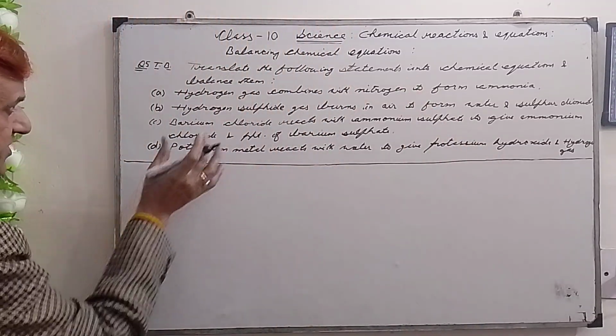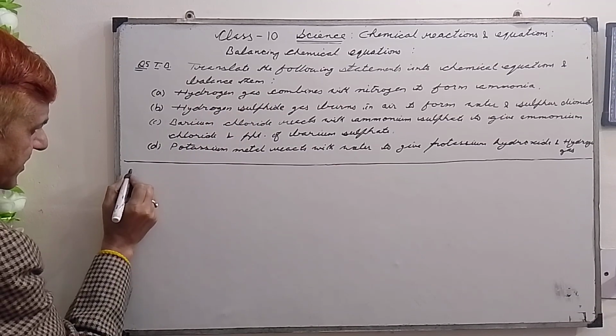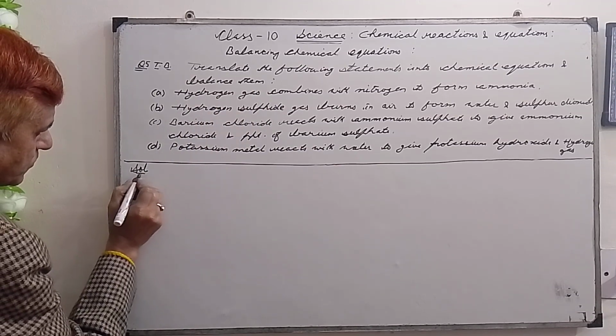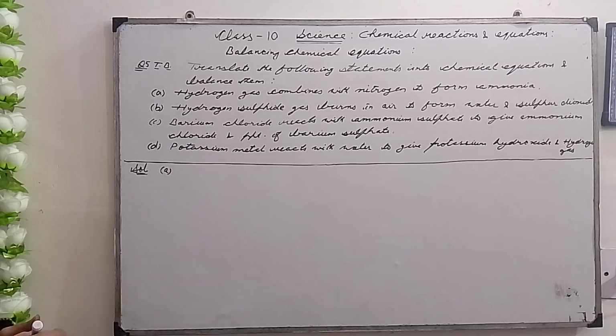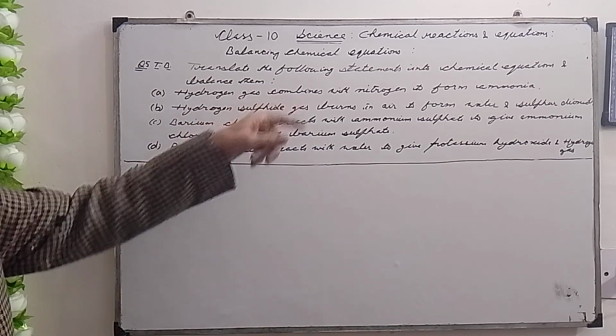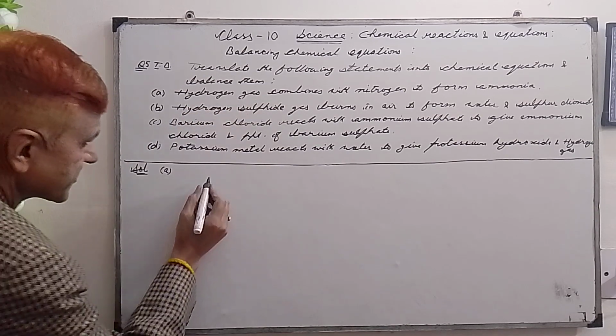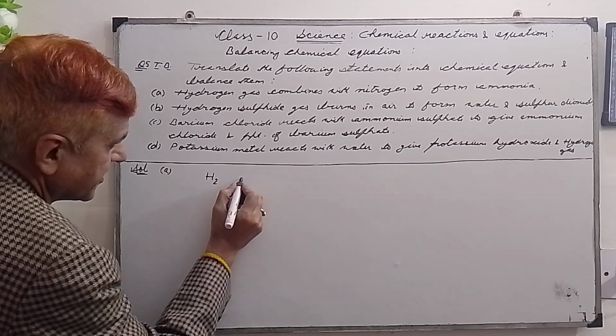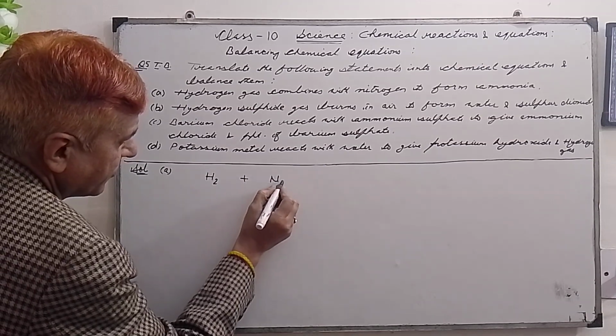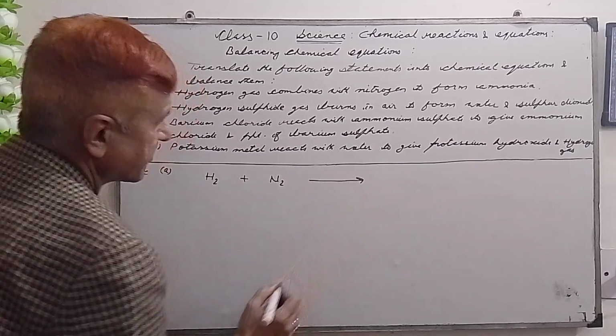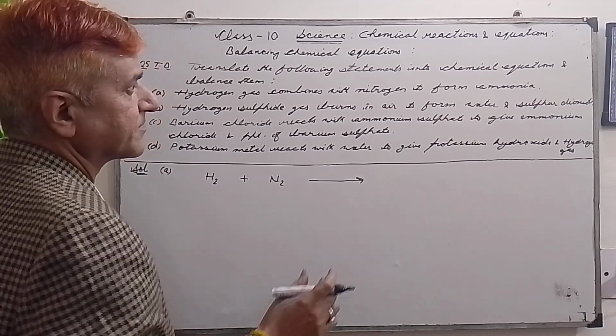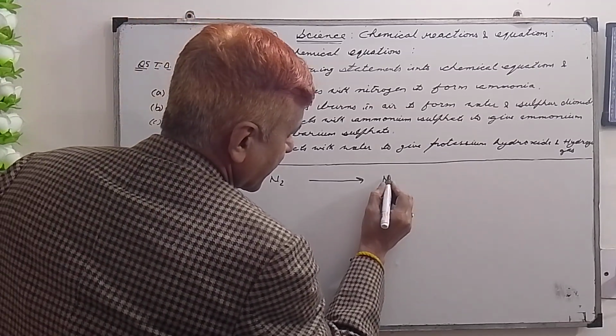So let's solve this first part. Hydrogen gas combines with nitrogen. So hydrogen is H2 plus nitrogen is N2 to give ammonia.